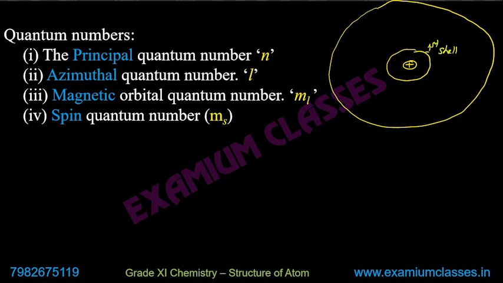So the rules are: principal quantum number n, azimuthal quantum number l, magnetic quantum number ml, and spin quantum number s or ms. If n is 1, it means I am talking about the first shell. Then l will depend on this n, and we will be talking about 2 points here. It will depend on which point we are talking about.